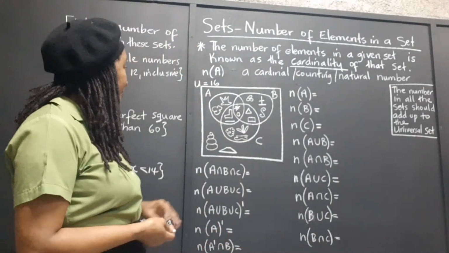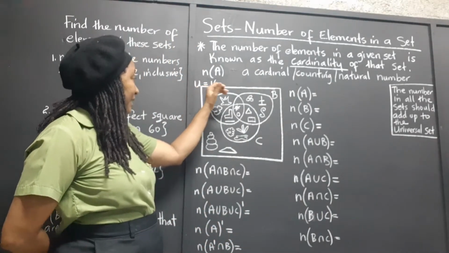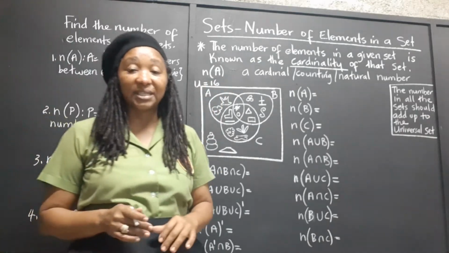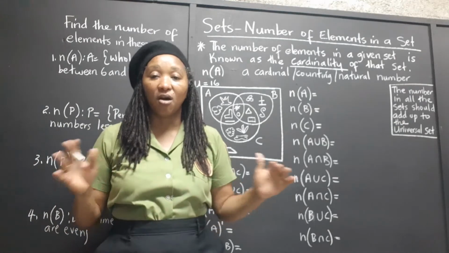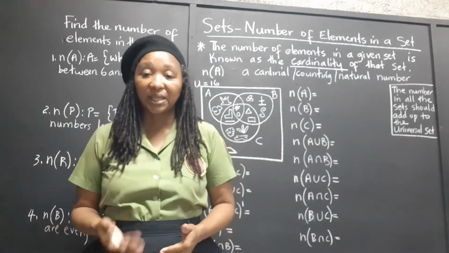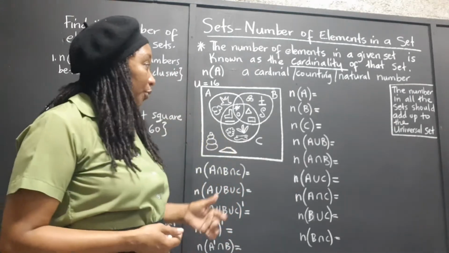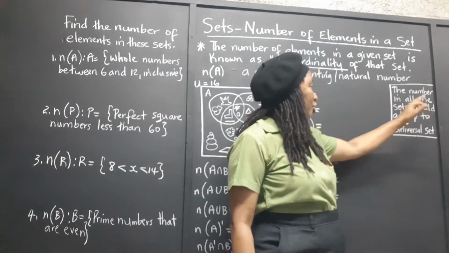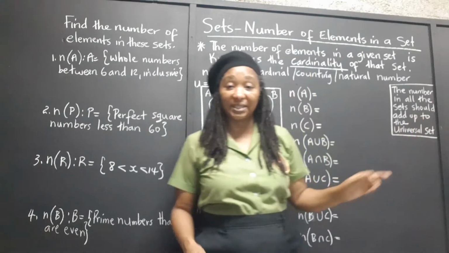We have the universal set is equal to 16. So that tells us, remember, the universal set represents all the elements that are being considered. So the number in all the sets should add up to the universal set.